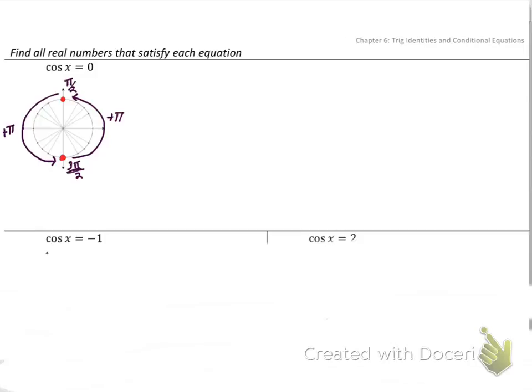So since it repeats every pi, we're just going to say x is going to equal my first non-negative angle. And it's important I list that because we're going to have negative ones in a second.